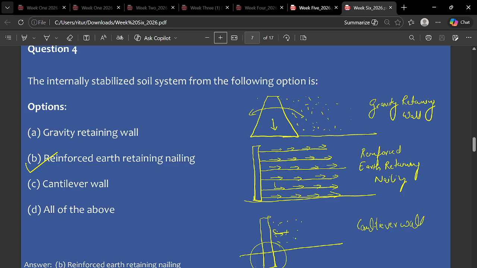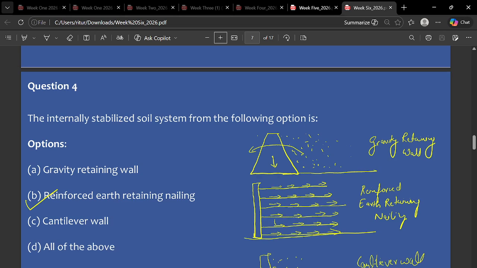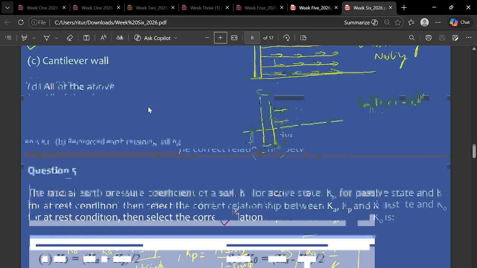Some questions are also about evaluating how you stabilize your earth retaining walls. Using reinforcement, nailing or an anchor system, you can reinforce your earth retaining wall.